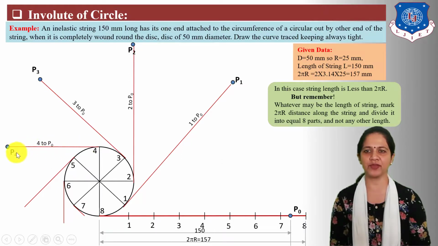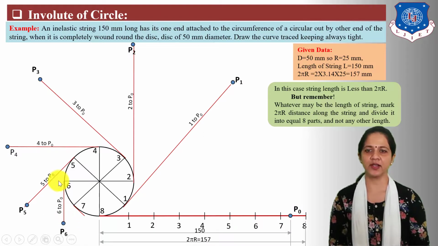Similarly, locate the P4 locus point on the fourth position. Take distance 4P4 equal to 4P0. Next, locate the P5 locus point on the fifth position of the string. Take distance 5P5 equal to 5P0.